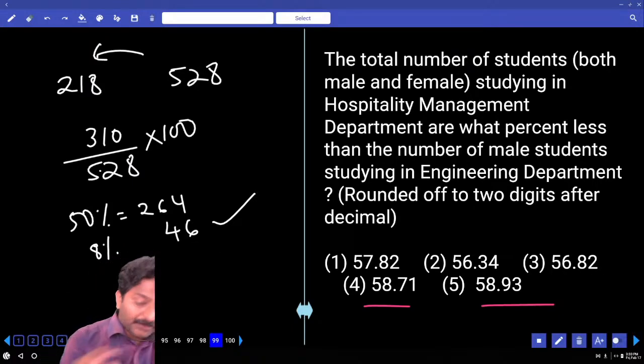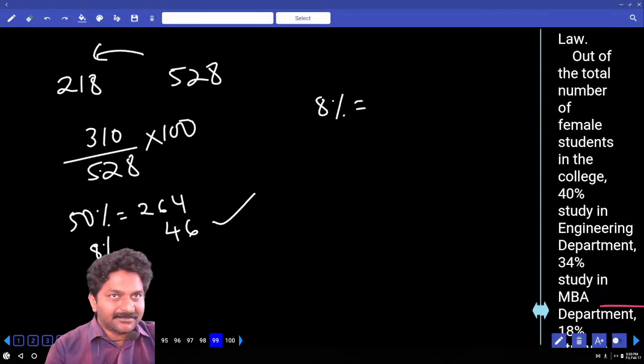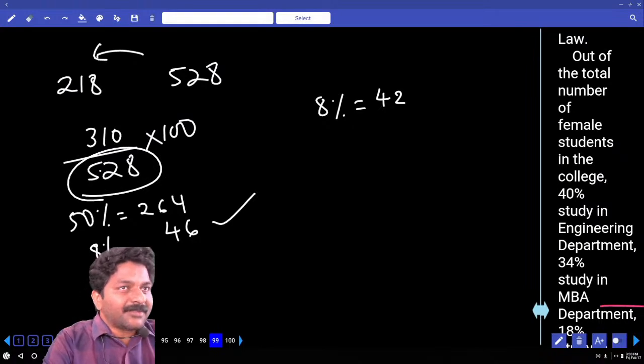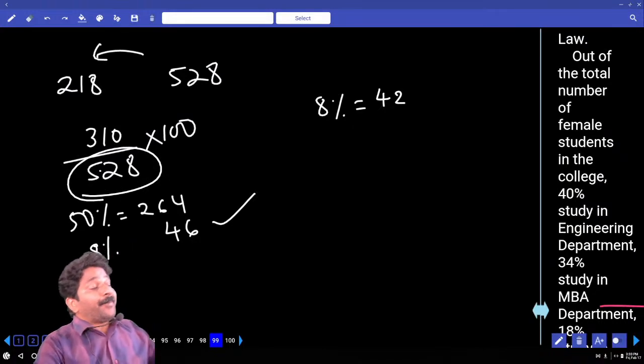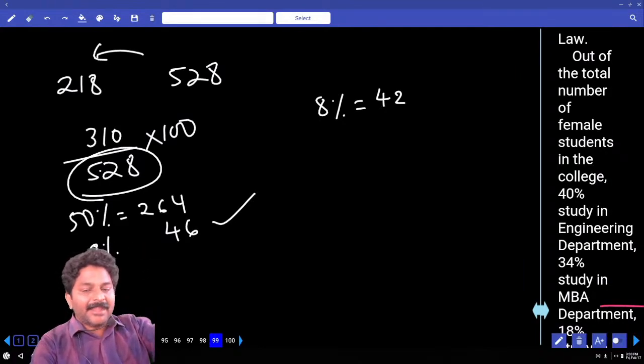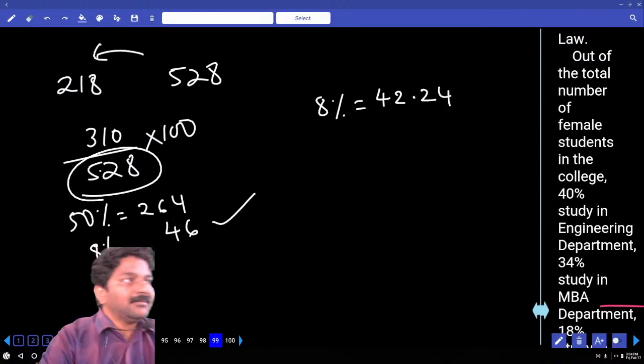So now, to decide my answer, let me calculate 8%. If this is 5.25, 8 times of that number is 42, correct? But apart from 5.25, you have 0.03 more. We need to multiply that also 8 times, that is 0.24.